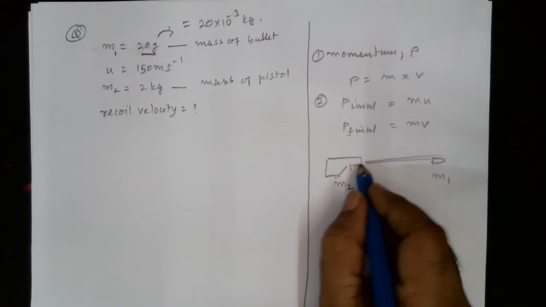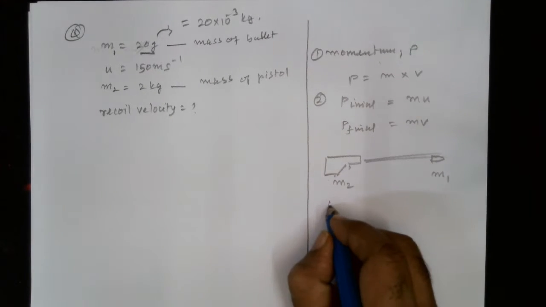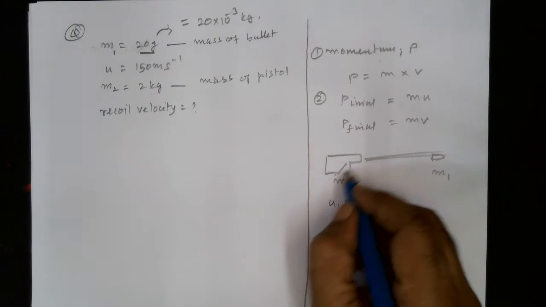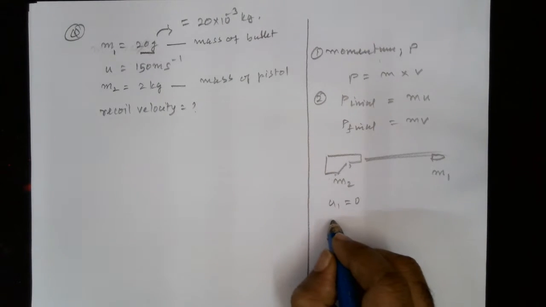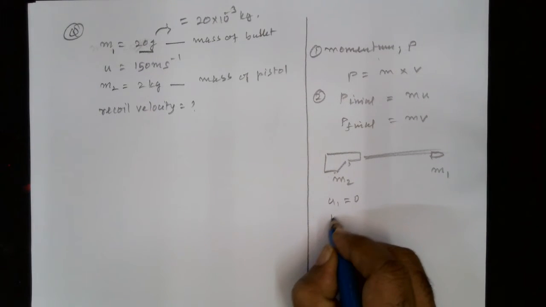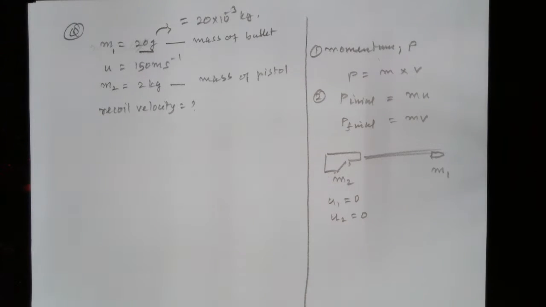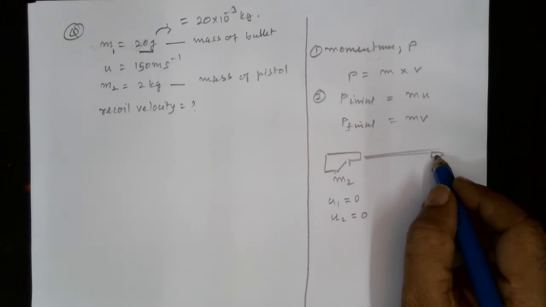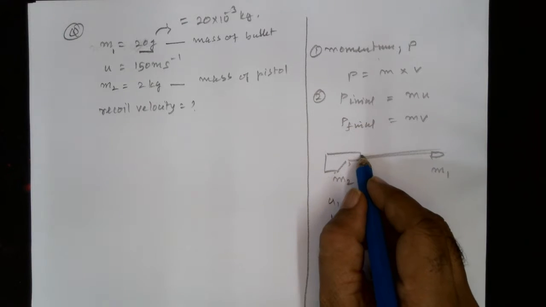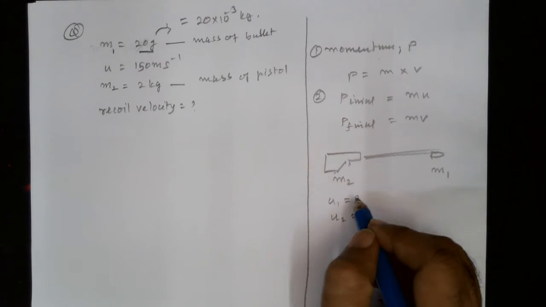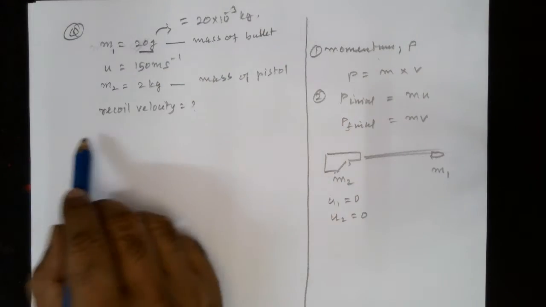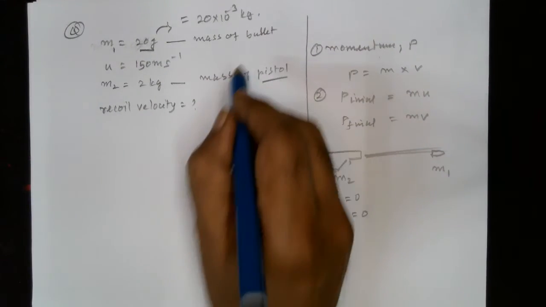And initially there was no velocity, so U1 was 0, right? And what about the pistol initial velocity? That is also 0. So let us call it U2 is equal to 0. So when it is fired, initially there was no velocity, so let us put 0. 1 represents the bullet, 2 represents the pistol. Okay?